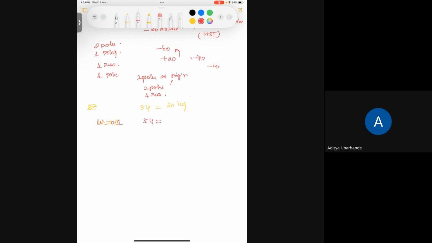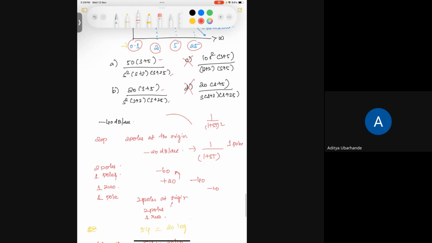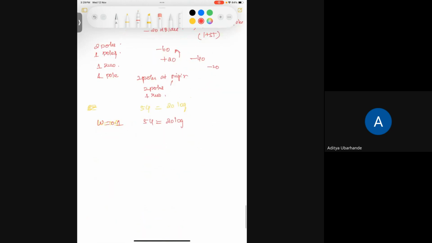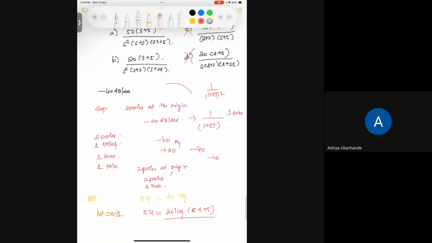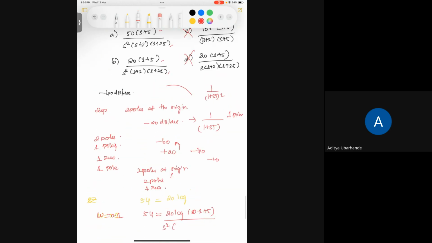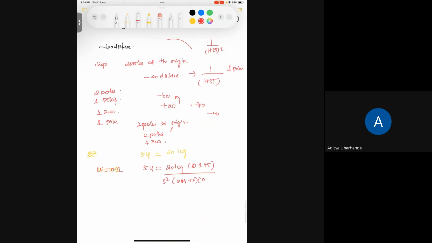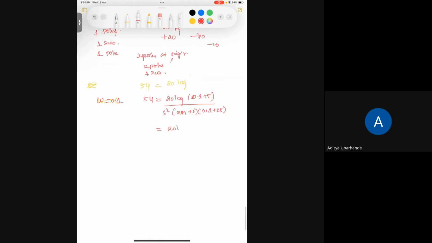So 54 equal to 20 log of, what is the value? S plus 5, rest of the things are same. So S is 0.1 plus 5 divided by S square into 0.1 plus 2 into 0.1 plus 25. 20 log of 5.1 divided by S square into 2.1 into 25.1.